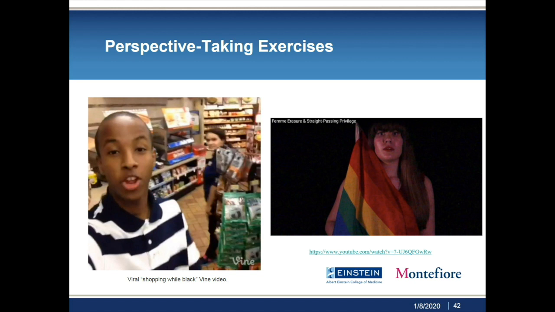It's young people. And this is a young man who's being followed around the store, like I was mentioning earlier. And on the right is a woman who identifies as femme, and she tells a story about the repeated trauma of having to come out, right? Over and over and over again in safe spaces, in LGBTQ spaces, and how nobody believes her, and how she's too pretty.